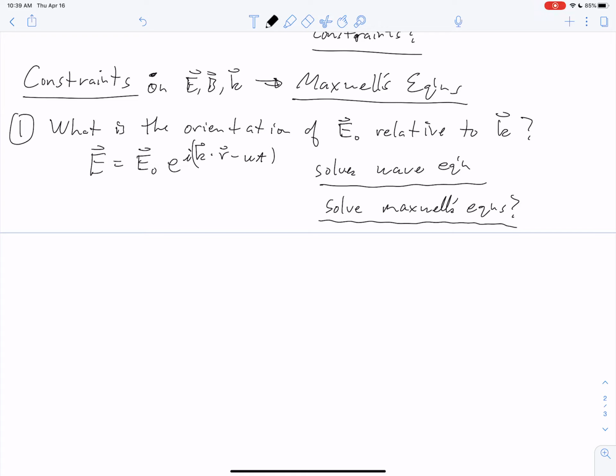But remember, Maxwell's equations give many constraints, and so I could have solutions to the wave equation that are not necessarily solutions to Maxwell's equations. What I mean by that is that I cannot choose any value of E naught and K. I can only choose special ones. There are only special ones that satisfy Maxwell's equations.